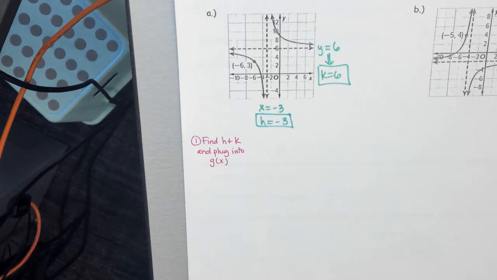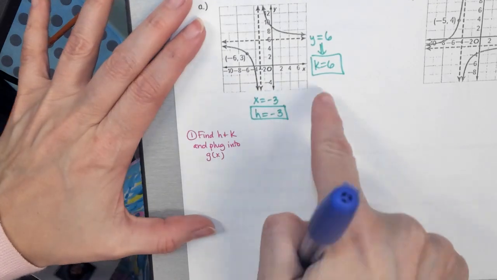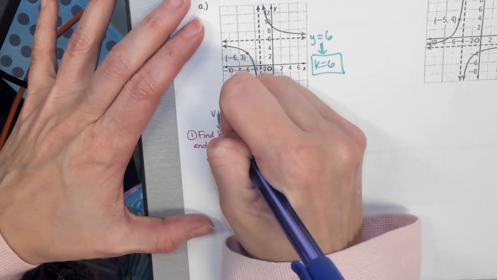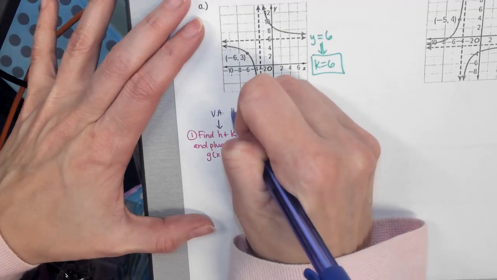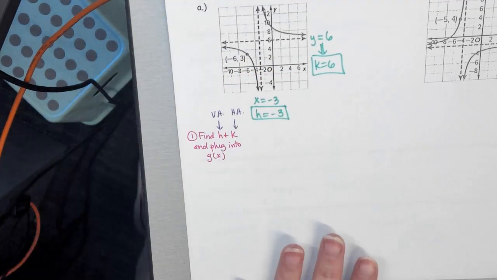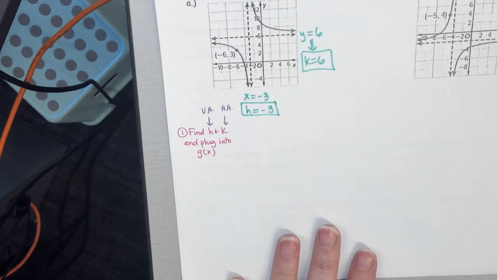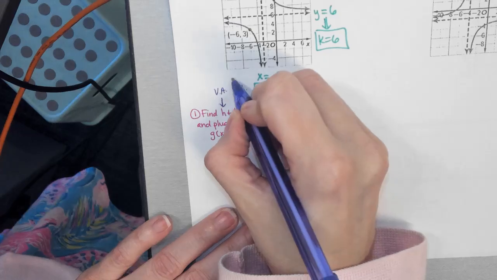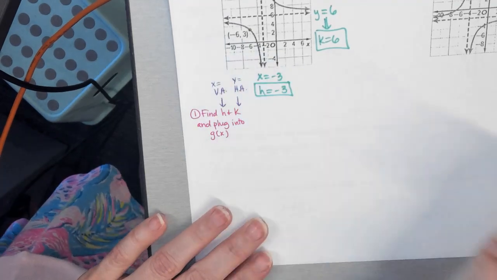Okay, so we already found the h and the k. If you want a little reminder, remember that h is just going to be from the vertical asymptote, and k is going to be from the horizontal. Also put your x and your y.